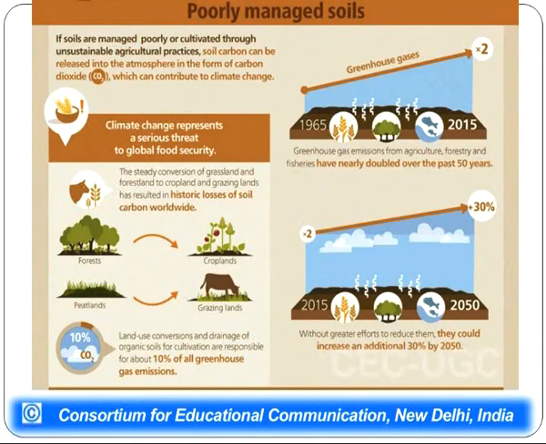Now, without greater efforts to reduce them, they could increase by an additional 30% by 2050. You can see the trend line. Then you can understand from your own perception that soil management has become a very, very important component of food security and food production.